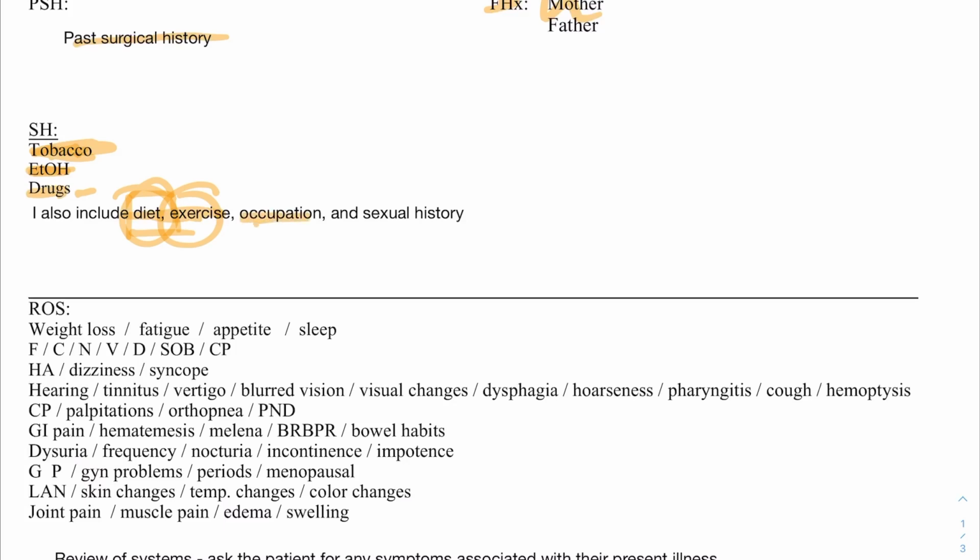Occupation is super important, especially now with COVID. Your occupation is going to dictate a lot of your health. So if you're somebody that sits at a desk all day, you're pretty sedentary, and you're not getting a lot of exercise, well, you're at higher risk of developing diseases like diabetes, like hypertension, just because you're not as active as somebody who is active for their work.